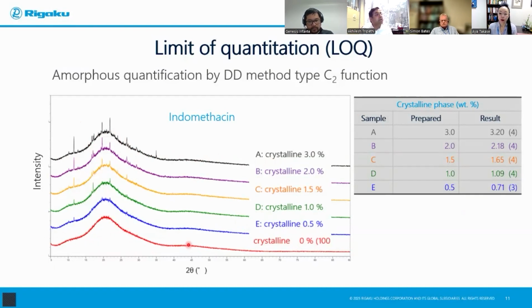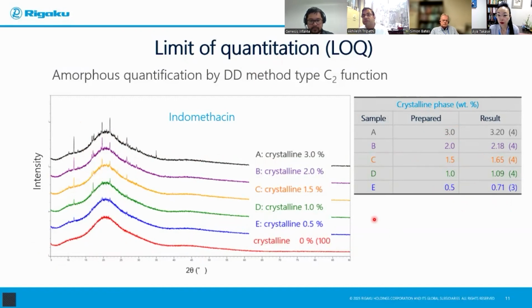Very little crystalline material here. The prepared phases were 3, 1.5, up to 0.5. And using this limit of quantitation DD method, we can relate it to 0.7. That's pretty close to what was prepared. So that's how low you can go. This is one example.